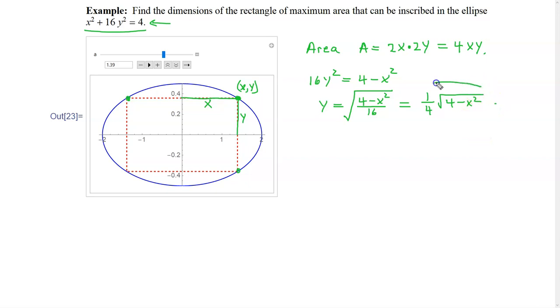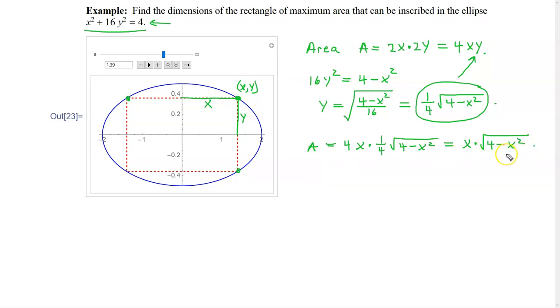So now what we can do is substitute this in place of the y up here, and then we'll have our area in terms of one variable. We can differentiate the function and then find the value that maximizes A. So now A is going to be given by, so there's our A function.